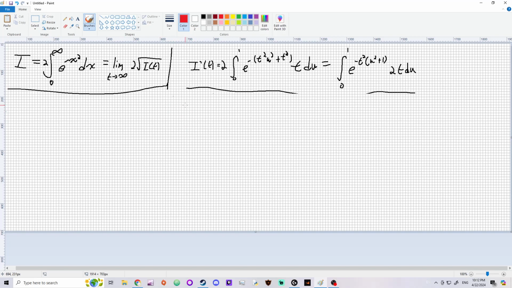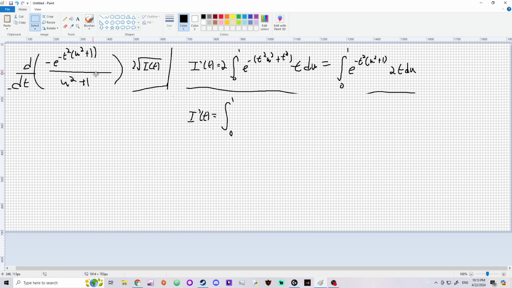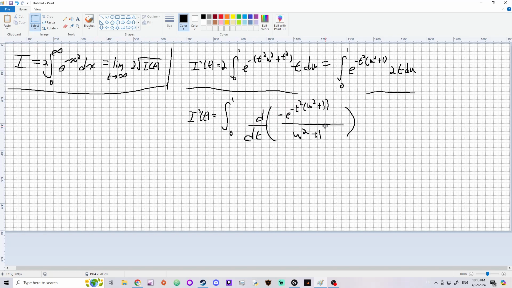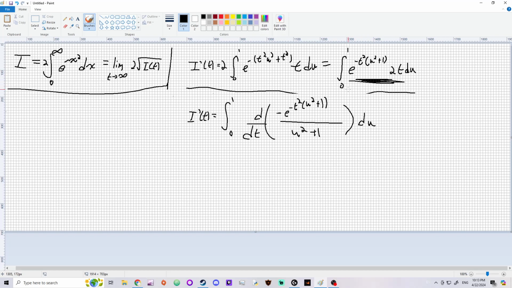So we actually have this now. I prime of t is equal to the integral from 0 to 1, boom, this is what it's equal to, du. Remember, we took the integral of this with respect to t, which gave this integral.